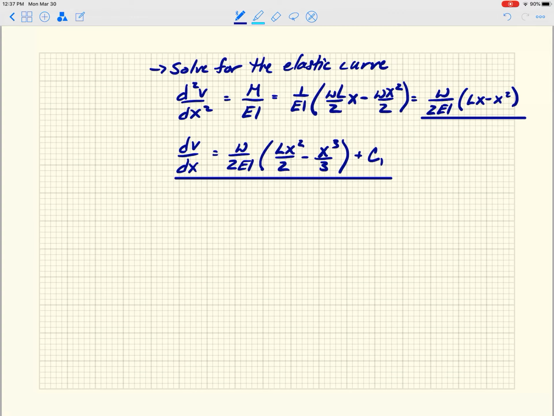So then we can integrate it again. And now finally we get what we're looking for, which is the elastic curve v of x. So that is W over 2EI times Lx cubed over 6 minus x fourth over 12, plus C1 times x plus C2.